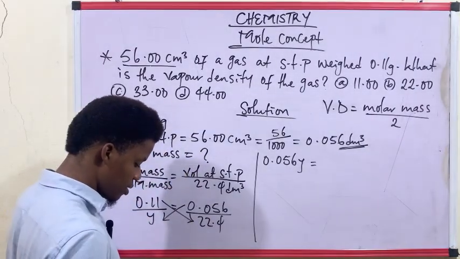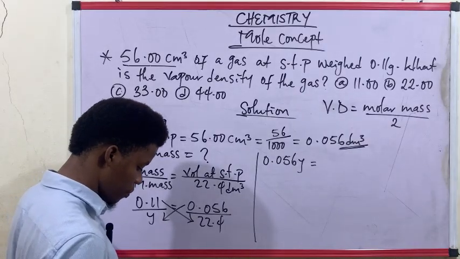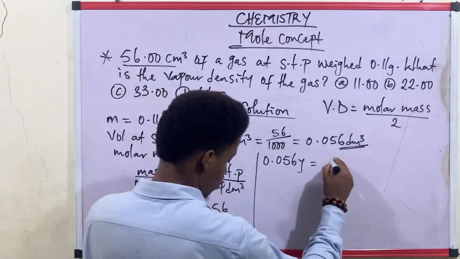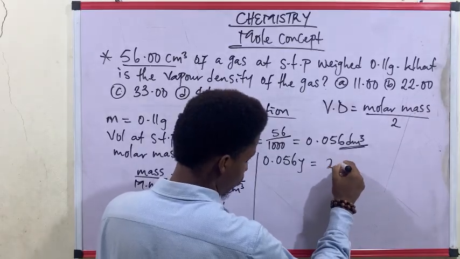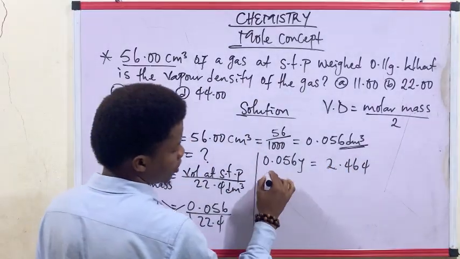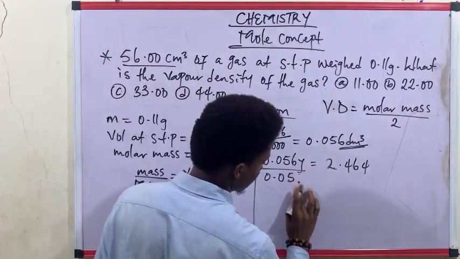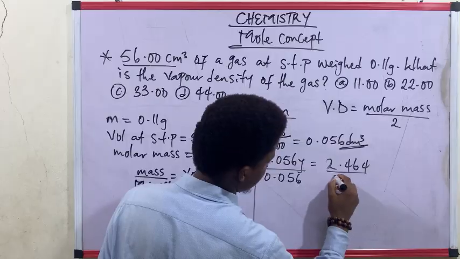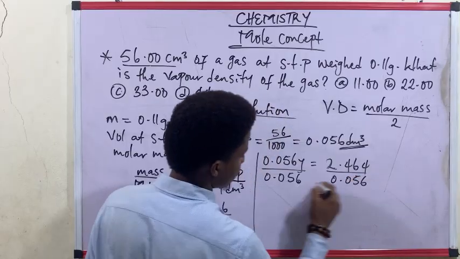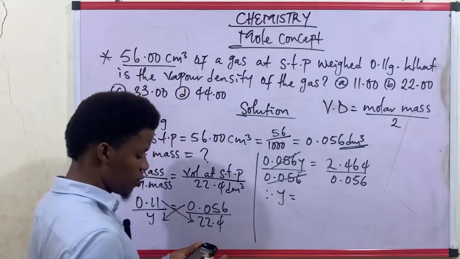Okay, so let's do that. 0.11 times 22.4 will give us 2.464. Then at this point, what do we do? Divide both sides by 0.056, because we need y to stand on its own. So this cancels out this, therefore y becomes what?